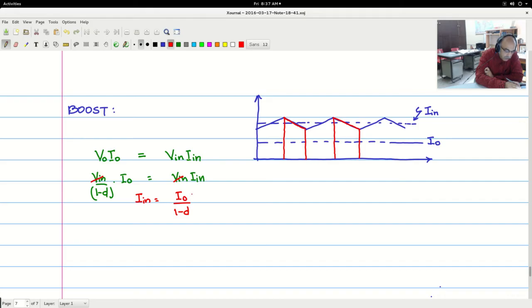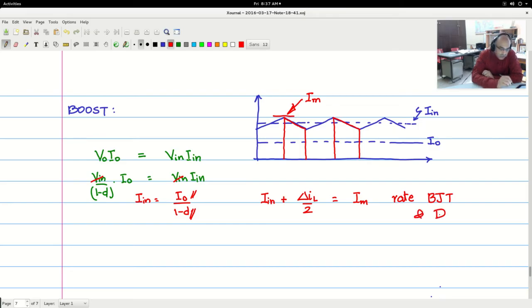So I in can be found out because I naught is a spec, D is obtainable by the voltage relationship, and I in value is known. So knowing the value of I in, you can say that I in plus delta IL by 2 will be the peak value here, I max value, and that will be the I max value. You have to rate both the BJT and the diode.